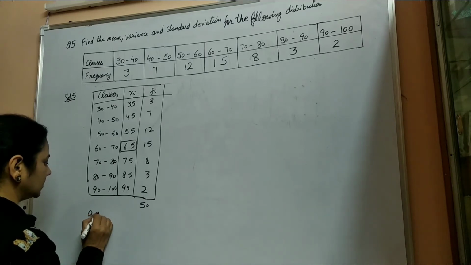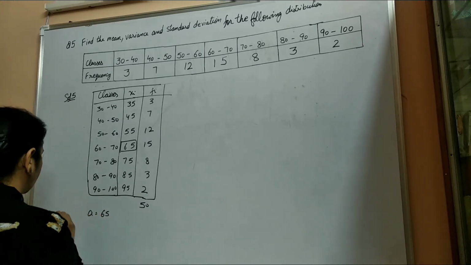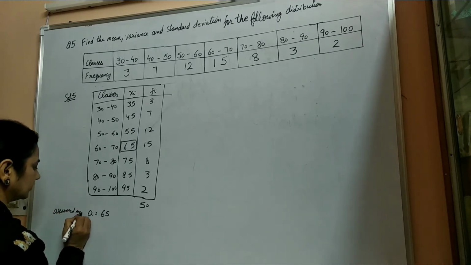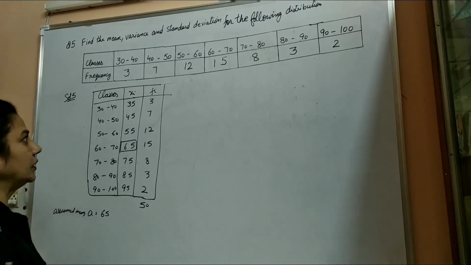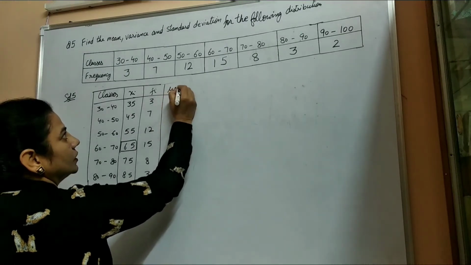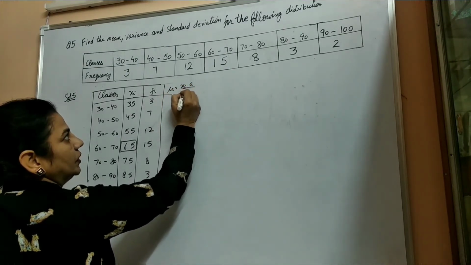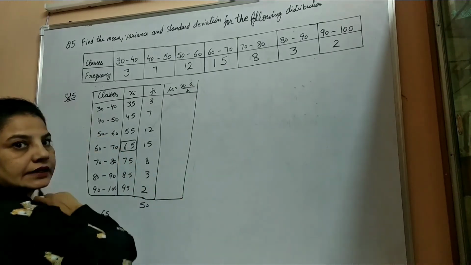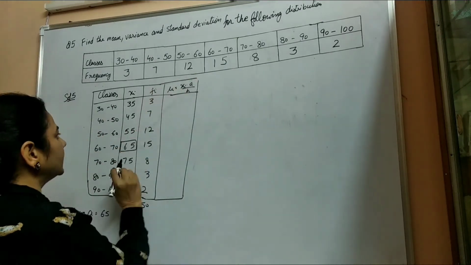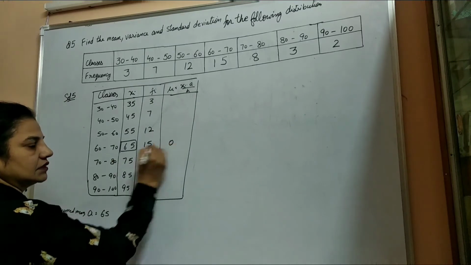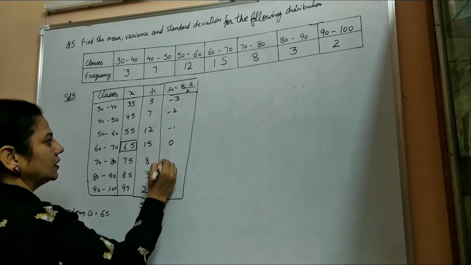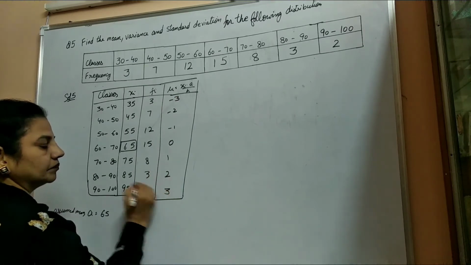Now assume the mean as 65. So A is equal to 65, and A is our assumed mean. Then ui is equal to xi minus the assumed mean upon h, where h is the class width, which is 10. Against the assumed mean, consider 0, and above that minus 1, minus 2, minus 3, and below it 1, 2, 3.